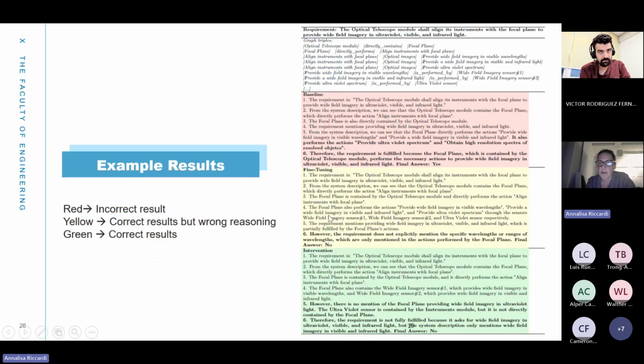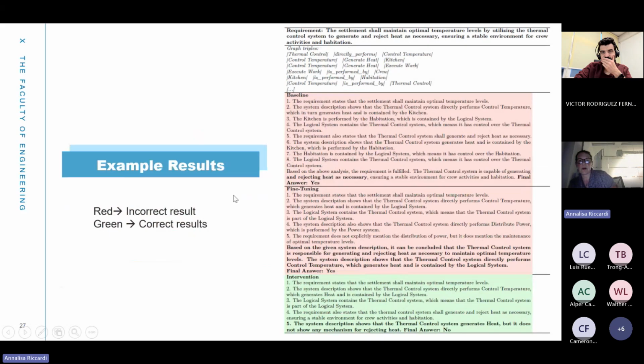But if you read this with calm, because there's a lot of text, you will see that the reasoning of the fine-tuning is not correct, while our intervention technique provides the correct answer and the correct reasoning as well.